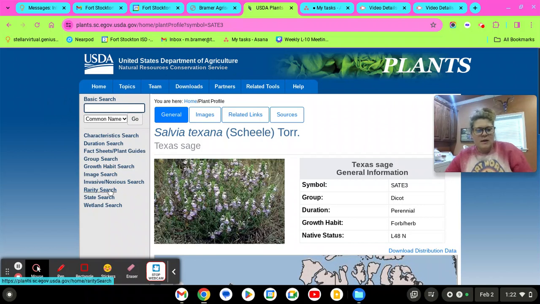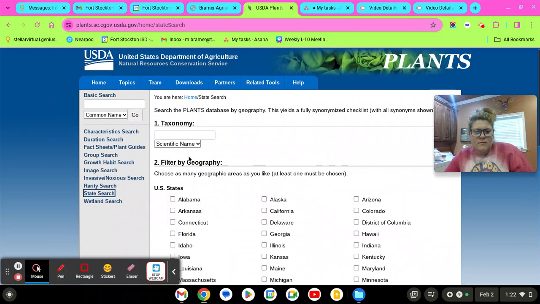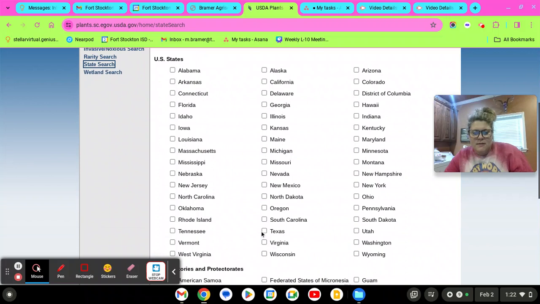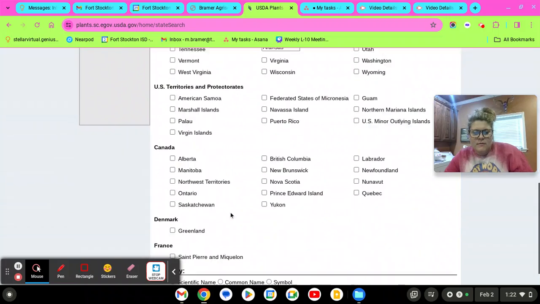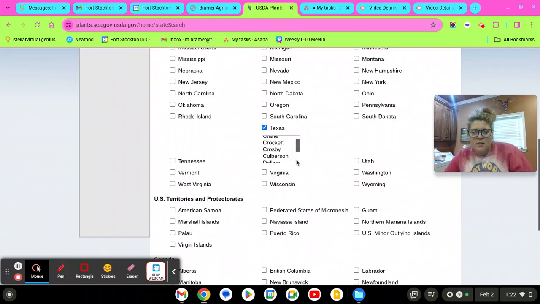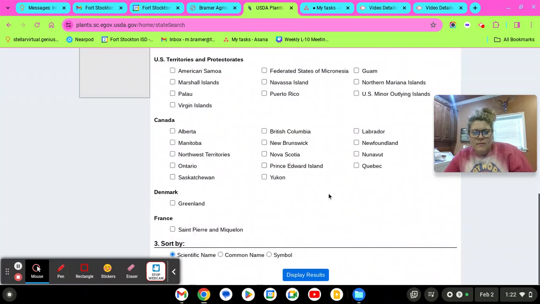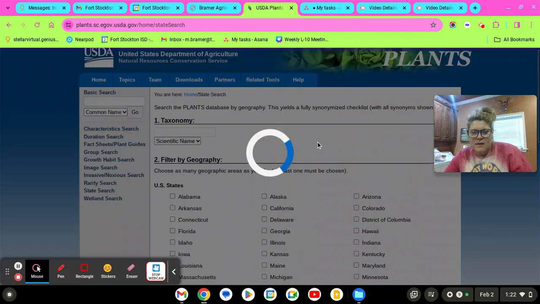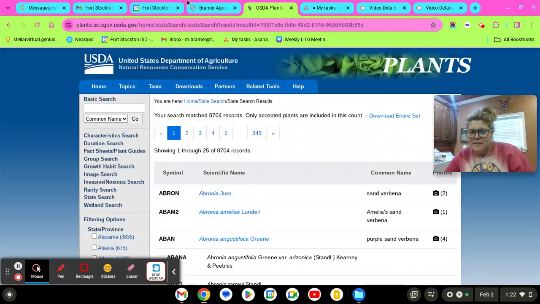And you could do a state search. So if we just want to look at Texas. Oh, we can even look at our county if you wanted to. Just do Texas though. See if it'll do that. It may take a while because there are a lot of plants in Texas.